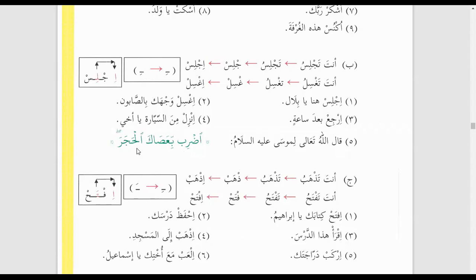Okay, so how will you translate it? Hit the stone with your stick. Okay, idrib. Hafiz al-Quran, or anyone who knows the rules of tajweed: here, ba, will we do qalqala here or not?